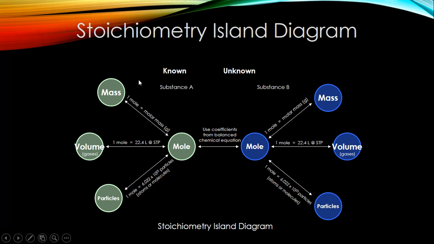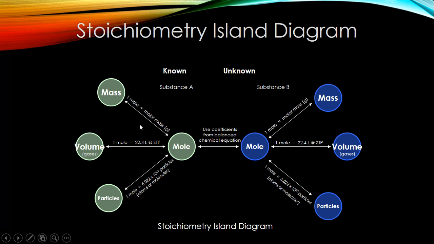Whenever I'm trying to think about going from mass of one substance, so this side is substance A, and this side is substance B, if I'm trying to figure out how I can go from the mass of substance A to the amount of particles of substance B, or anywhere in between, like mass to moles of the other substance, I have these conversion factors over the arrows.